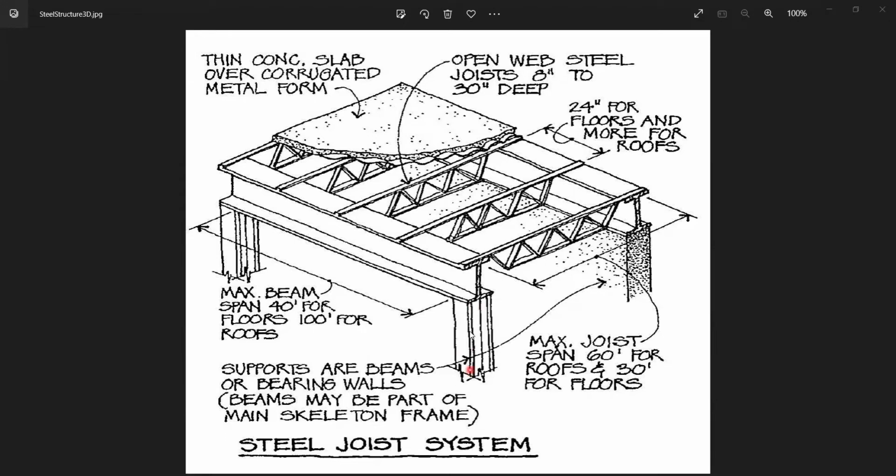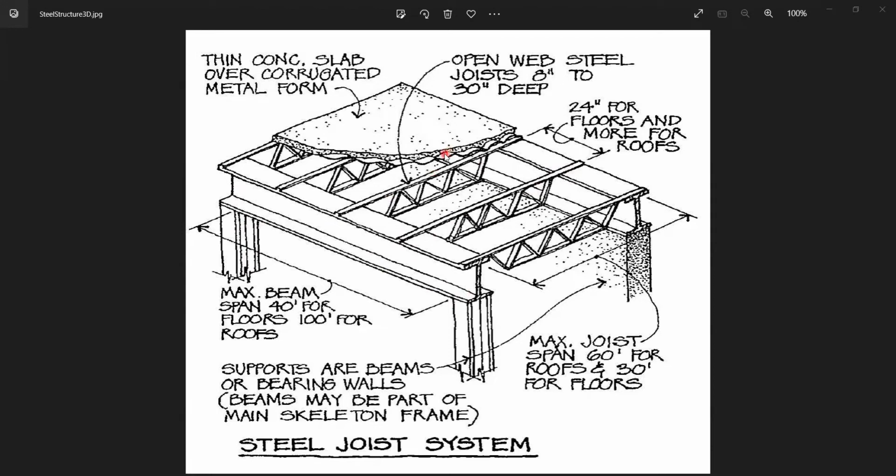We have columns that are made out of wide flange steel members here and here. We have girders that are spanning between those columns, and we have some joists that are taking the majority of the load from the floors.